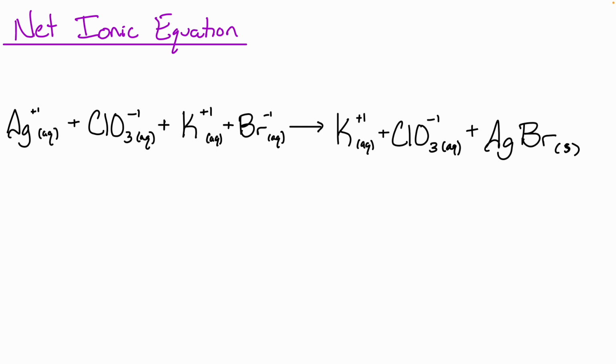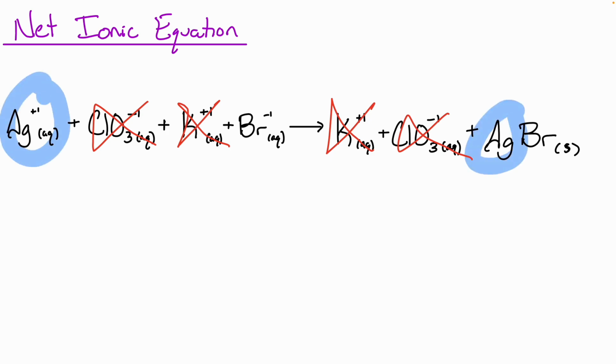I need to get rid of exact matches that appear on both sides. I've got two things that I can cancel here. Who sees one of them? My potassium ions, K+1 (AQ), K+1 (AQ), exact match, get rid of it. What else can I get rid of here? The chlorate, ClO3 minus 1 (AQ), ClO3 minus 1 (AQ), get rid of it. What about my silver? Can I cancel this out? I see silver over here and silver over here.